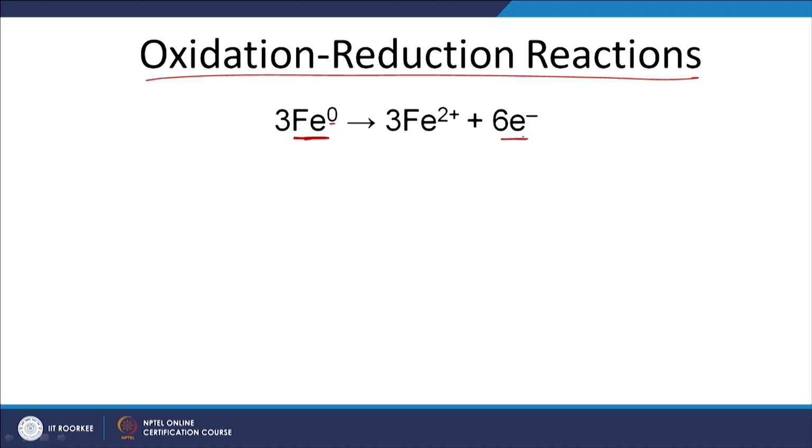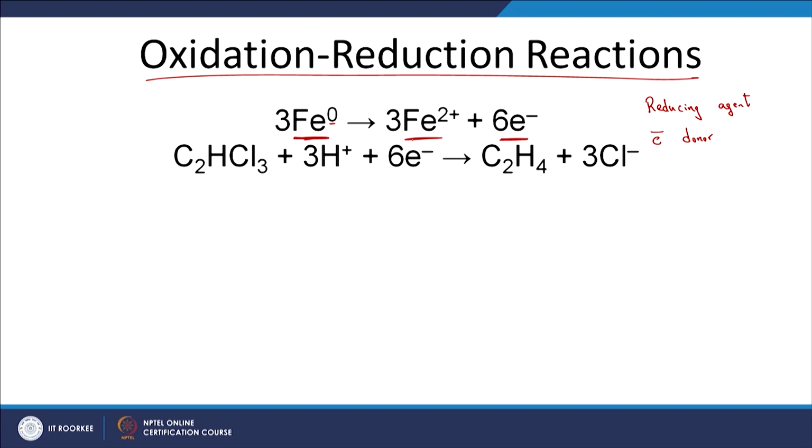So it's an electron donor, as I mentioned earlier, or a reducing agent, right? It's donating the electrons, and now you have Fe2+ here, right? Ferrous iron. Okay, there is another case that I want to look at, but we'll come back to that later.